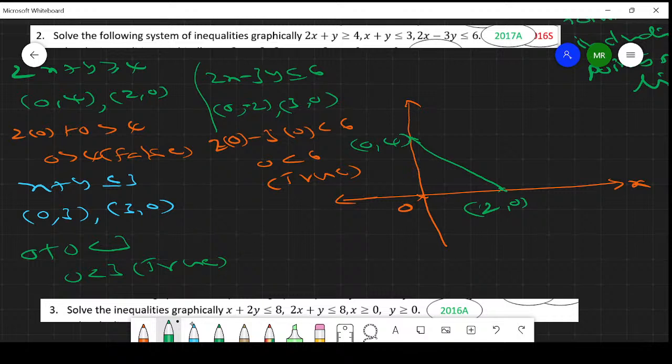0, 3, 3, 0 means you can see here another line I will get like this. You take this point is 0, 3 and 3, 0.